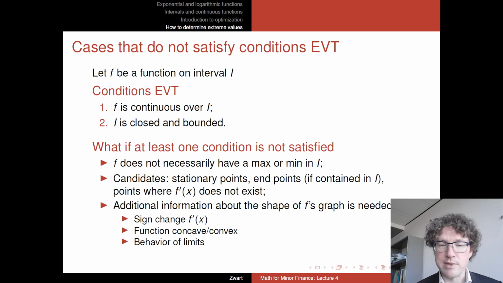So for that we need some additional information. Sometimes we have additional information that allows us to say that, even though we cannot use the EVT, we still can say this is the maximum or the minimum of this function. So we look at sign changes, we look at convex and concave functions, and we can also say a little bit about some limits perhaps.